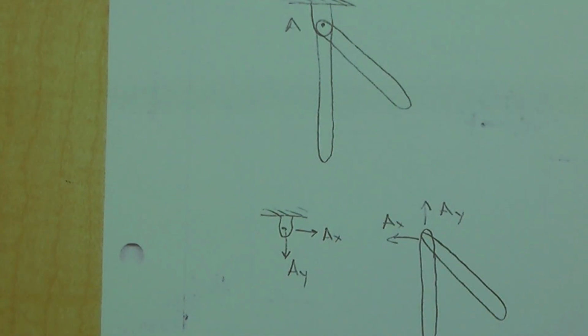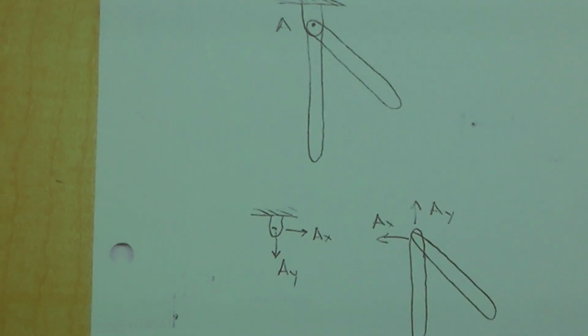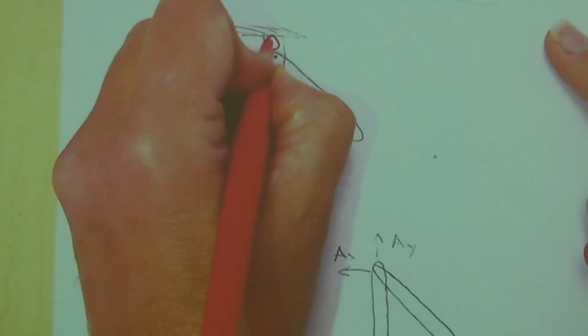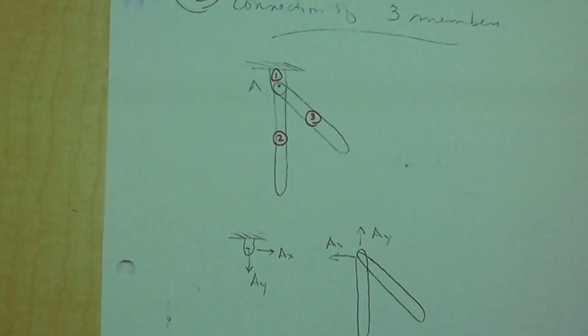The other thing on frames that makes it difficult, well, actually, knowing about two force members doesn't make it difficult, it makes it easier, right? Okay, so right here, do you see that I have three things connecting? One thing is here, another thing is here, and another thing is here.